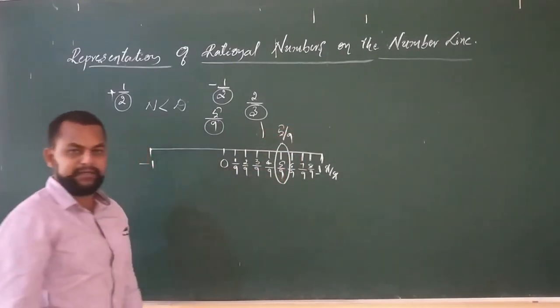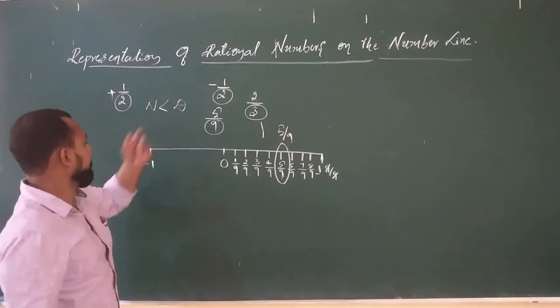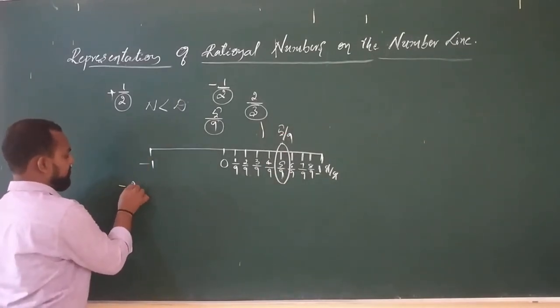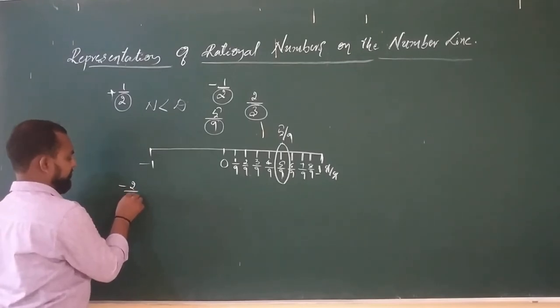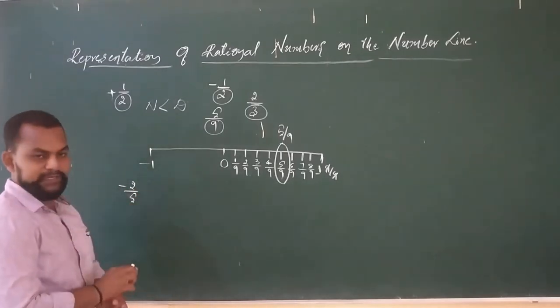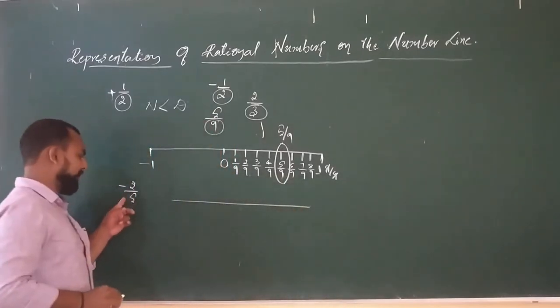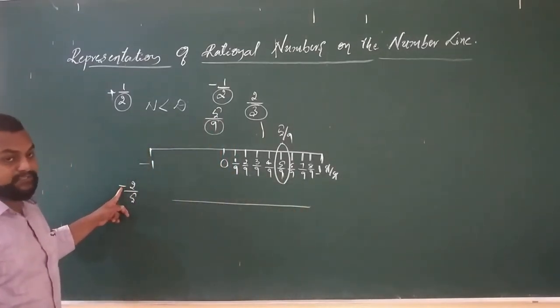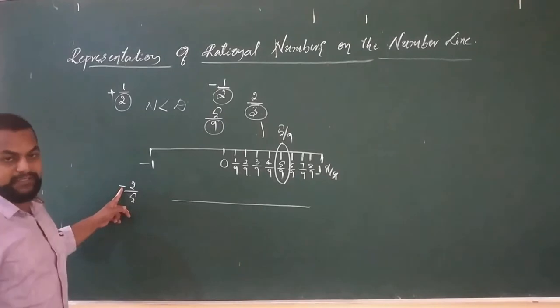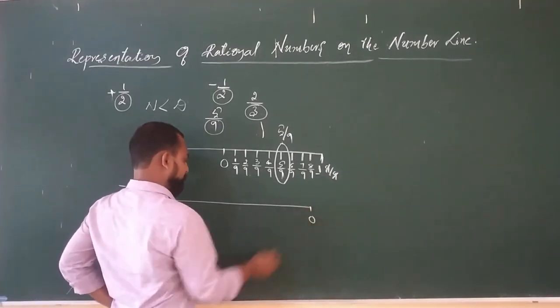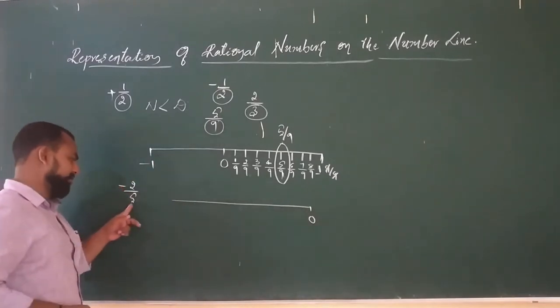Take an example, minus 2 by 5. The minus means towards the left side of 0. Here is 0, and minus 2 by 5.